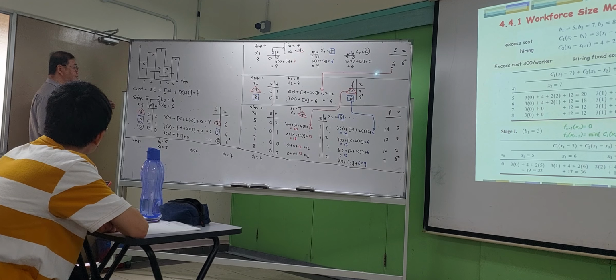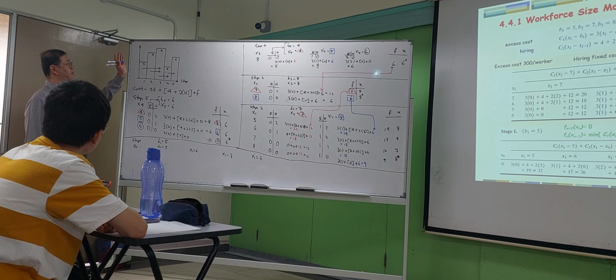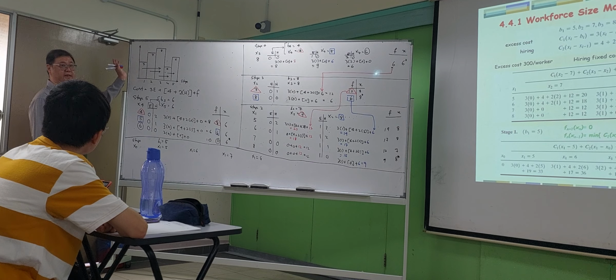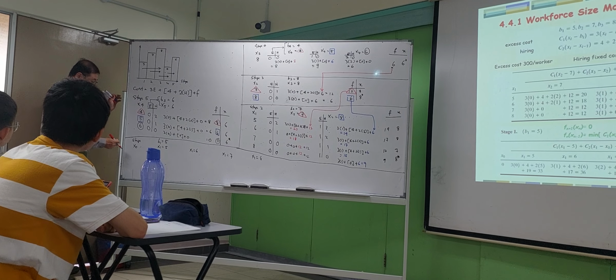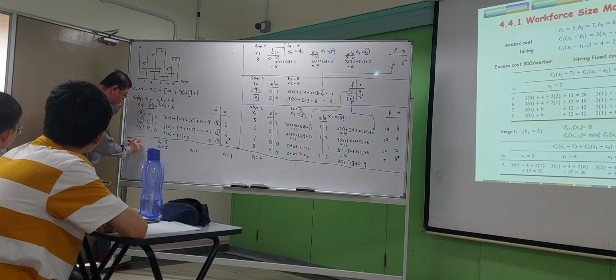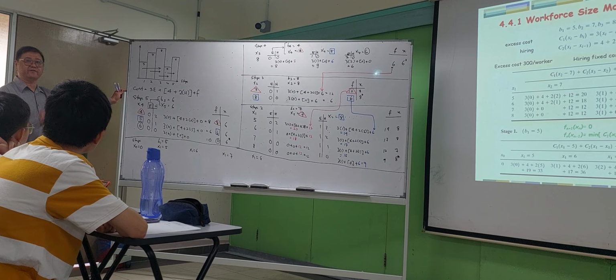Next, we look at X0. In the beginning, you have no value, no vector, no vector at all. Right? So your X0 must be equal to 0. Okay? No other value.